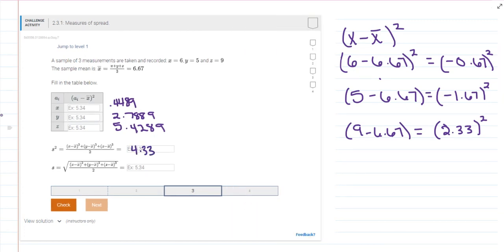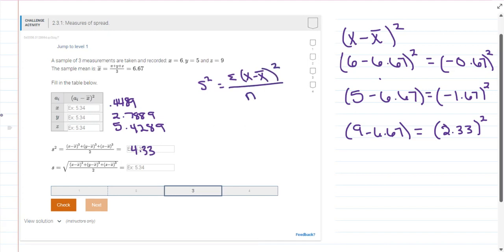Okay, why are we dividing by 2? We are dividing by 2 because in the original formula, for the variance, you've got basically the sum of X minus X bar squared. That's the numerator. The denominator is n minus 1. And that's kind of hinting to what I was talking about, the difference between the sample and the population.